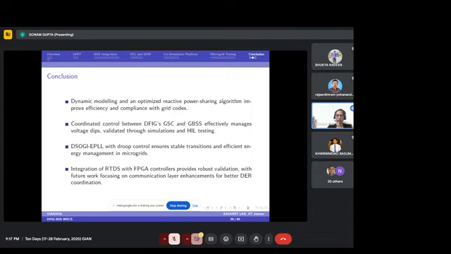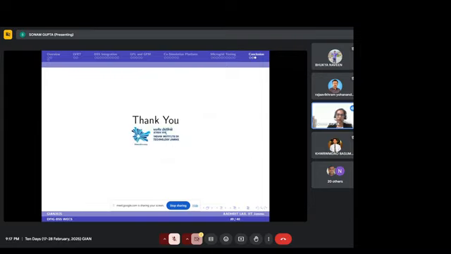With these works I have gathered some experience in hardware-in-loop testing, as well as the co-simulation platform for validating the control strategies and the simulations we are running.